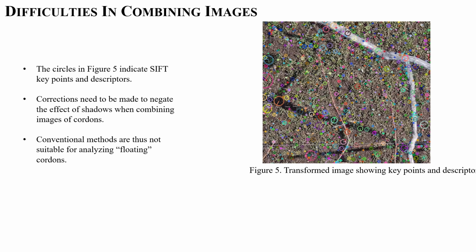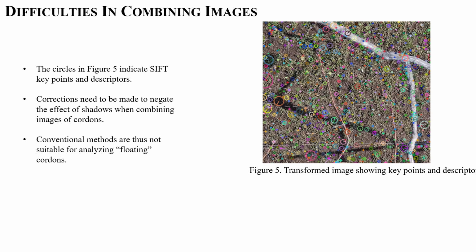Moreover, several circles were also related to shadows, some of which were even larger than those associated with cordons and arms. This implies that shadows are also treated as features for image combination, just like cordons. Therefore, it is crucial to implement corrections that negate the effect of shadows when combining images of cordons.